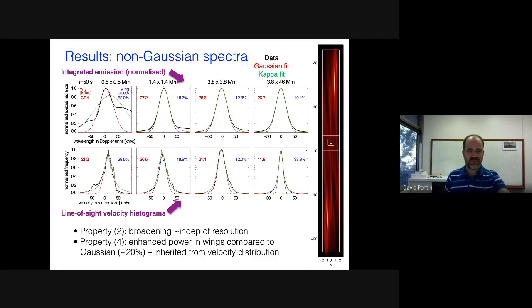So the bottom plots show just velocity histograms in those windows along the line of sight, and we again see that the data, the black curve, has extra power in the wings compared to a Gaussian. And this is known from studies of turbulence that this power in the wings is associated with intermittency in the turbulence.